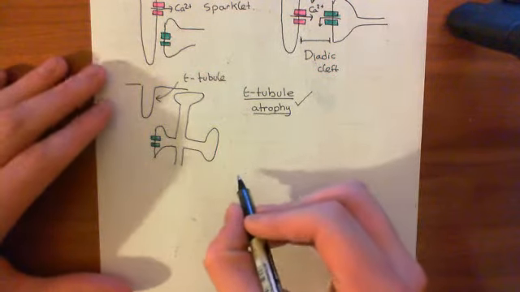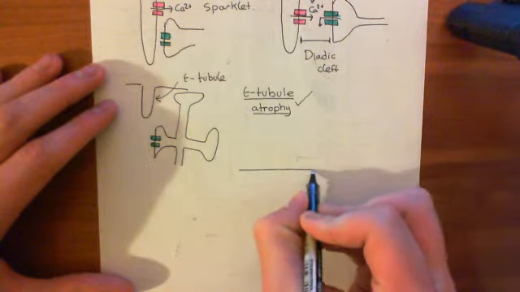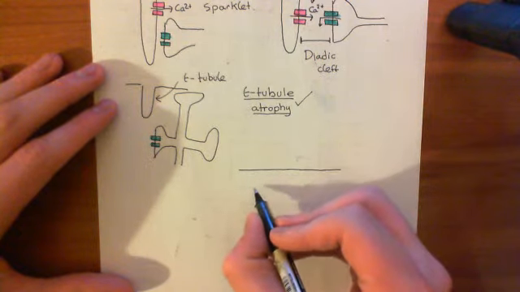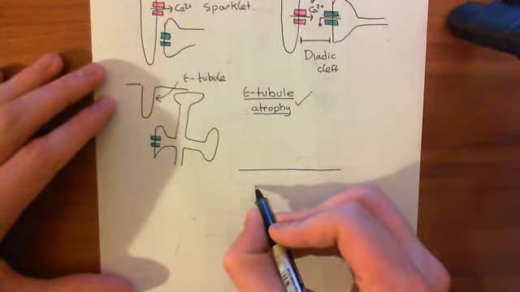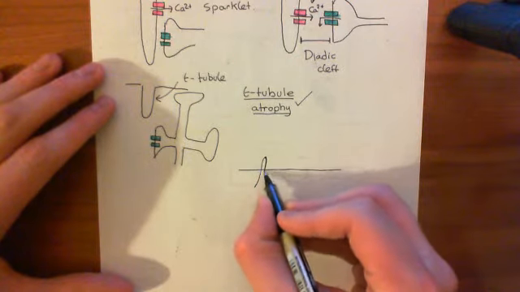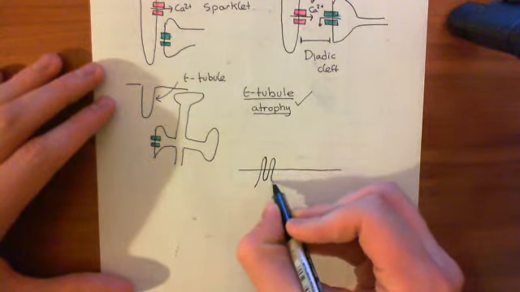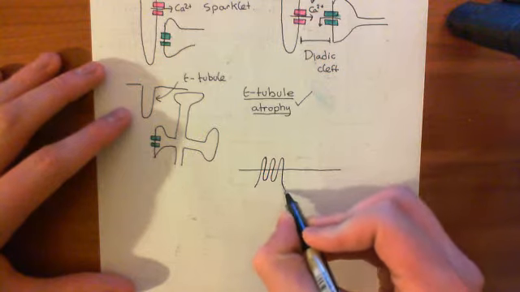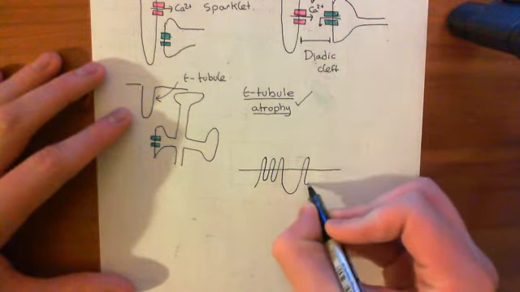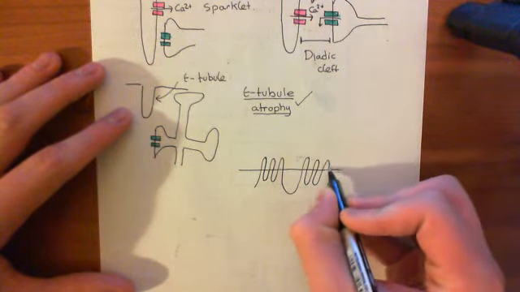So if this is the plasma membrane here, then there is a protein in the plasma membrane known as adenylyl cyclase 5. Okay, so let me draw this in here. So this is adenylyl cyclase 5 here.